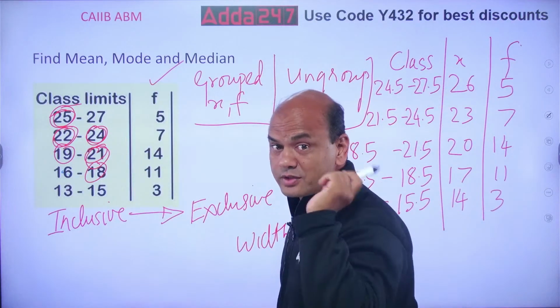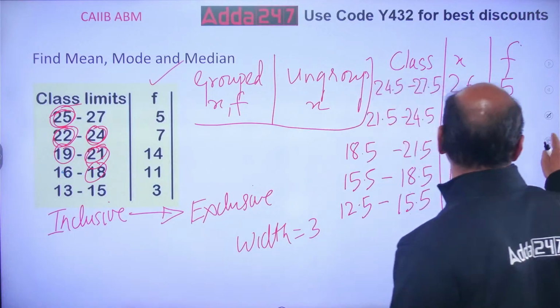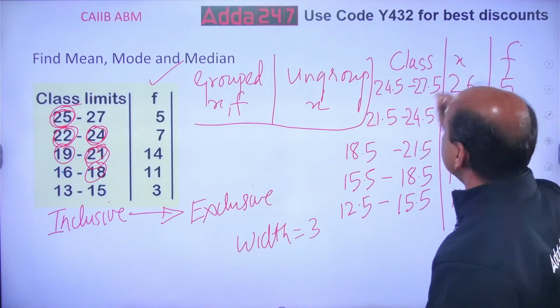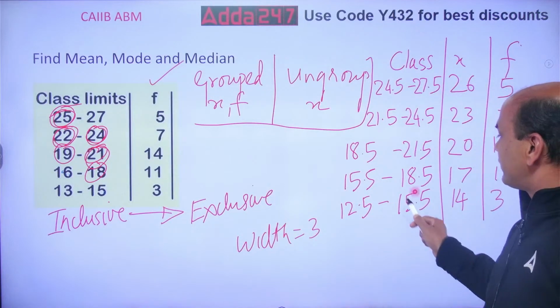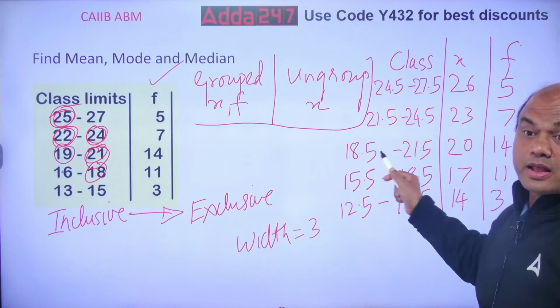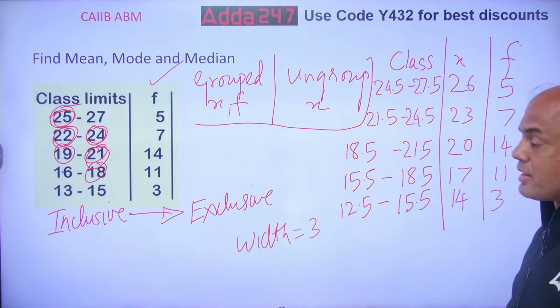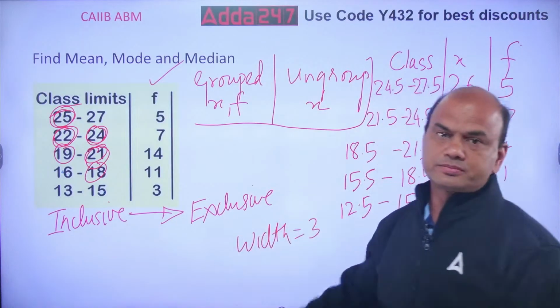Now follow this logic. Now you will see one change. What change is seen over here? Look at the ends. 15.5, 15.5. 18.5, 18.5. They are matching now. When the ends are matching, it is known as an exclusive group.